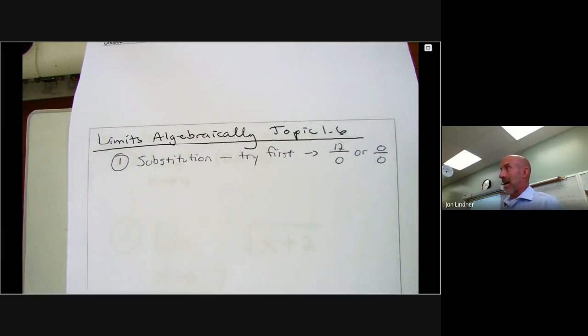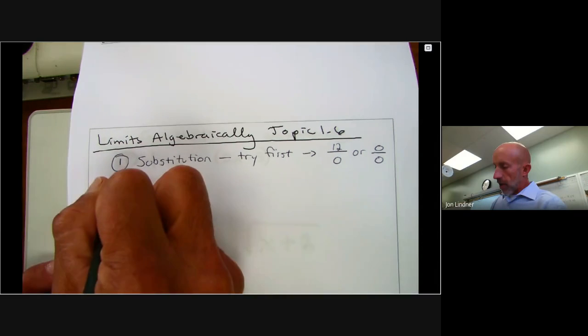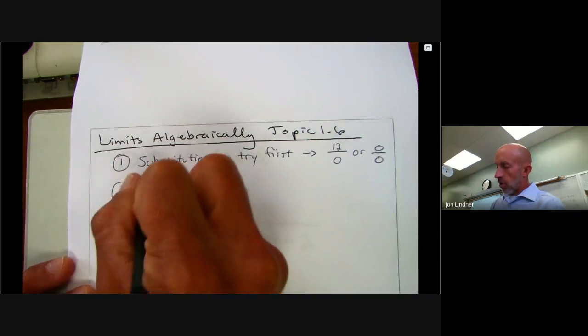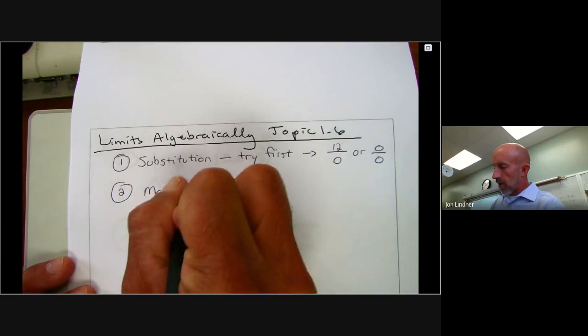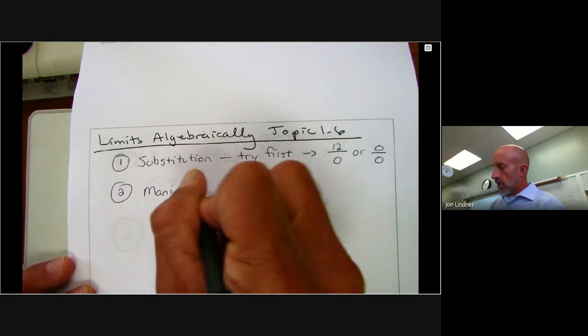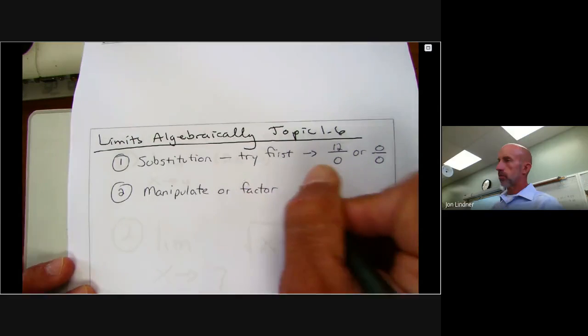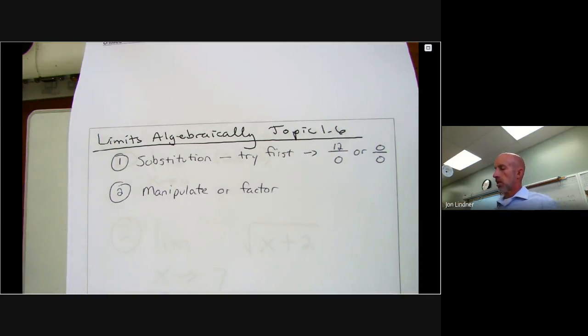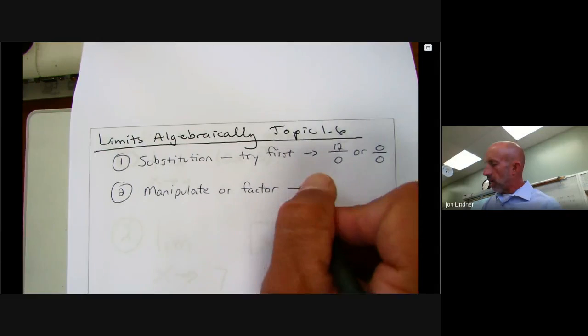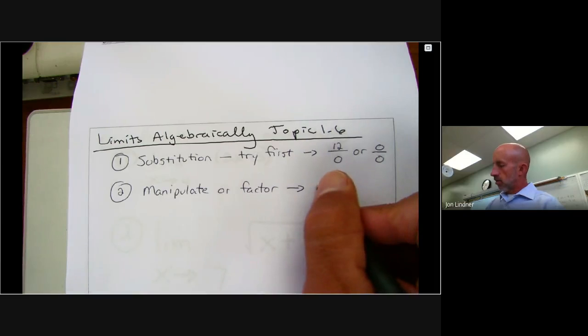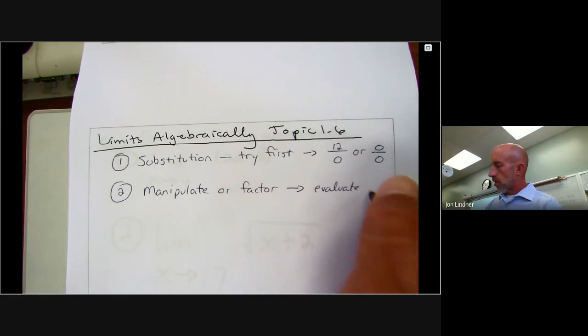When those things happen, we have to go to plan B, or step 2, which is to try to manipulate or factor, and then evaluate the limit again.